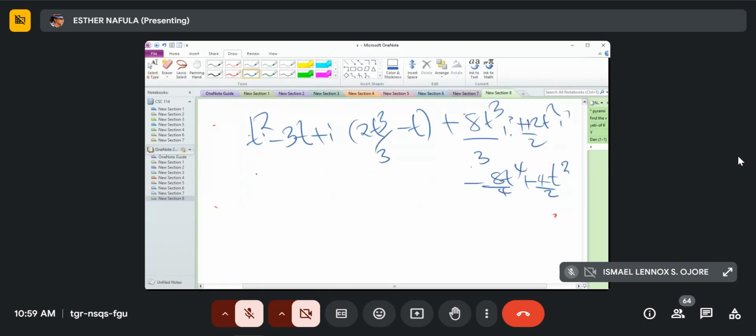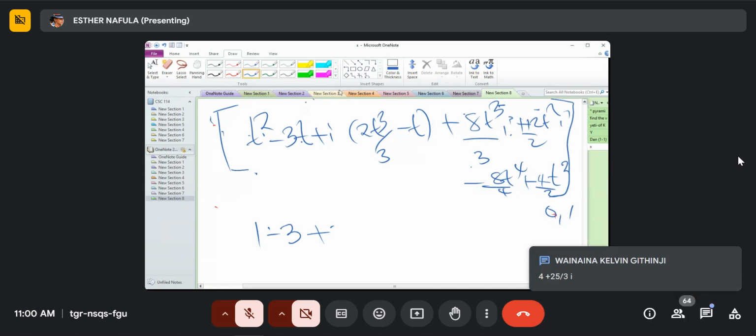If we evaluate this between 0 and 1, so you have 1. This was t squared plus 3, not minus.